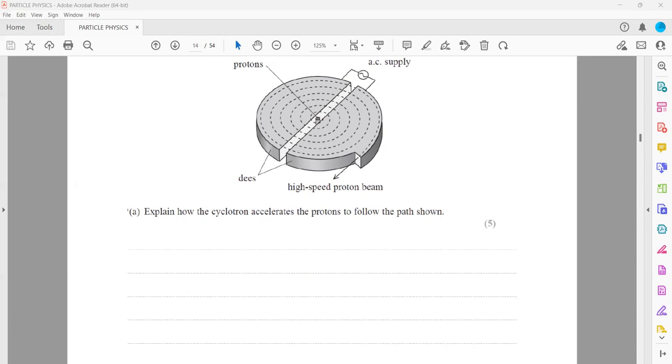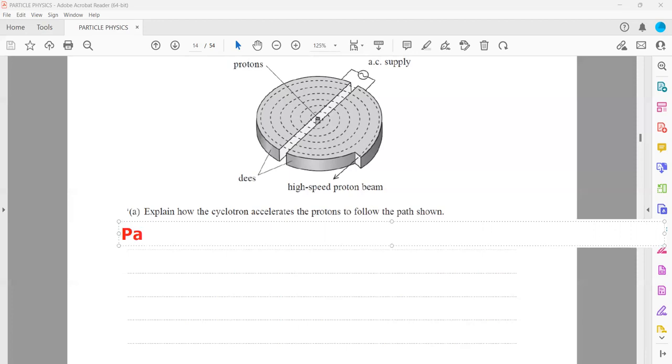So these are the points which you will use to answer on a cyclotron. The first point, because I'll write a journal answer, you can change in place of particle, as here we are accelerating a proton. So we'll use proton.